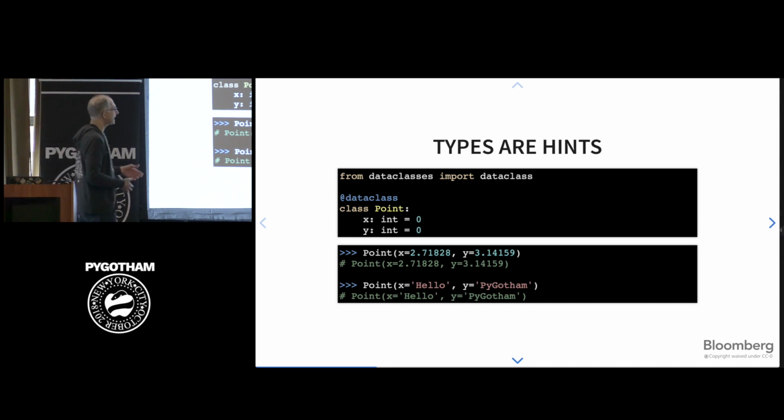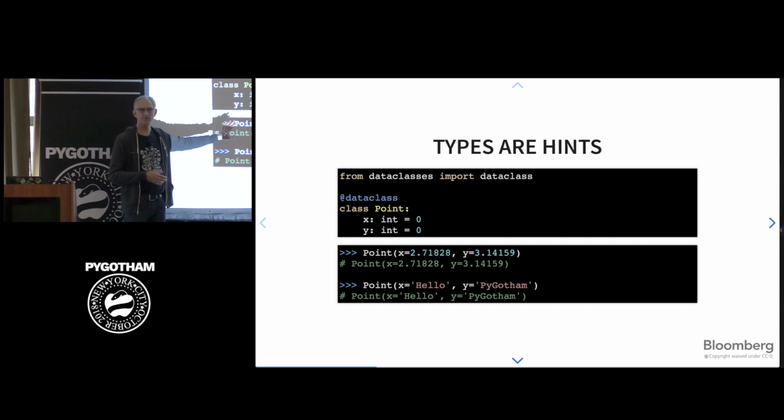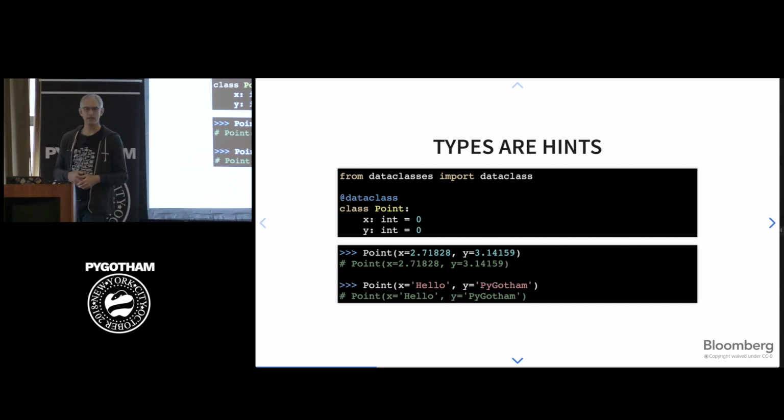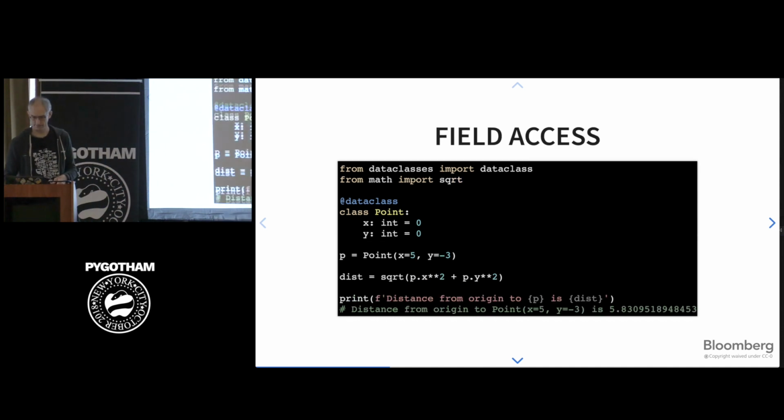So while I've said I expect these to be an int, there's nothing in the language that enforces that. So here I've created a point using floating, and here I've created a point using string. And the language is totally fine with that.